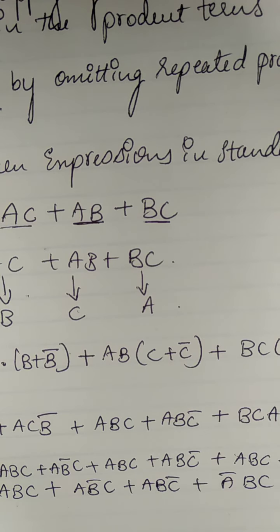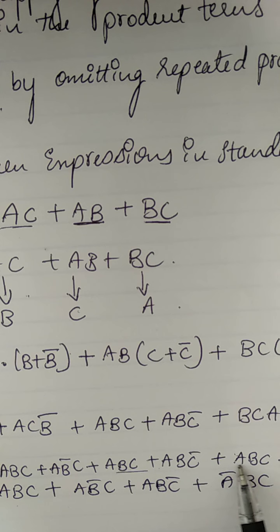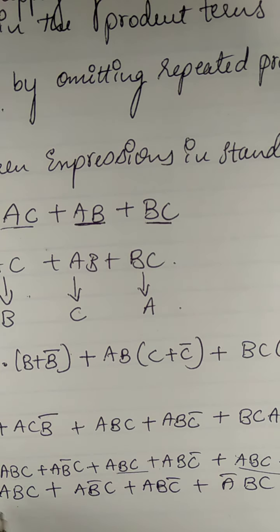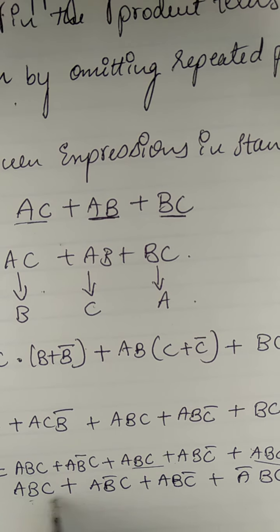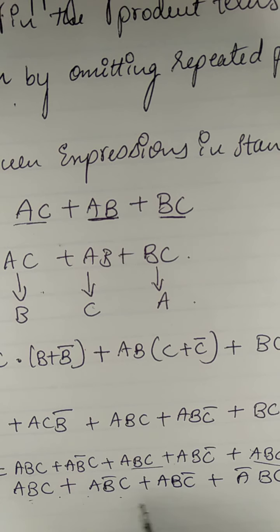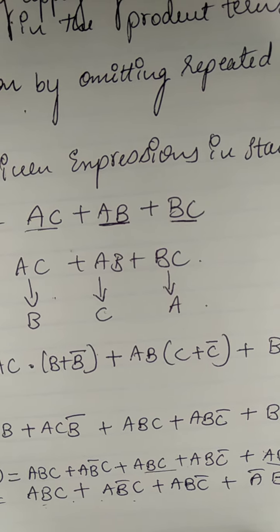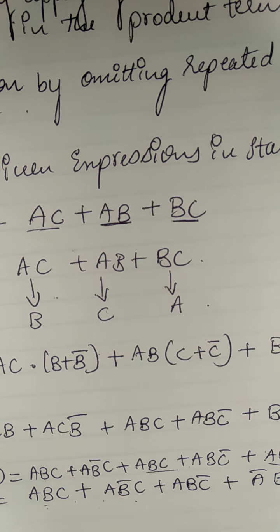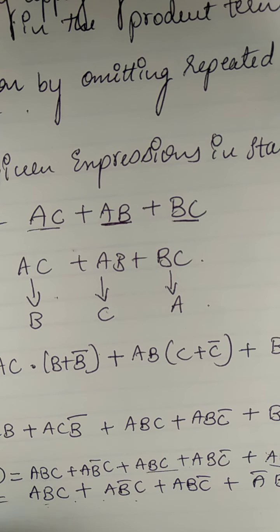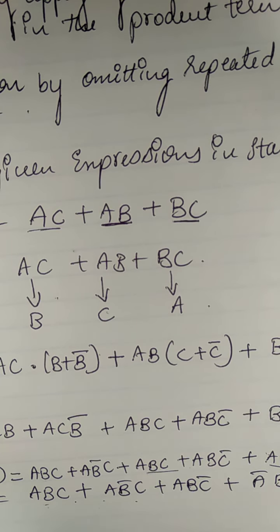So we have applied the fourth step, that is A plus A is equal to A. Okay, so this is also correct. That is F of A, B, C is ABC plus AB bar C plus ABC bar plus A bar BC. So this is the fourth step.